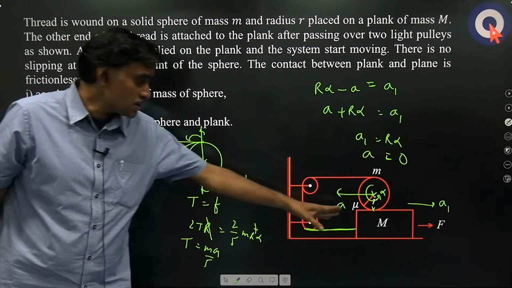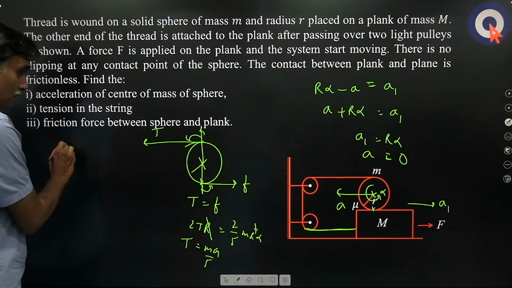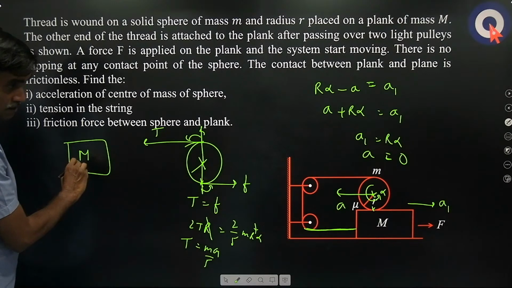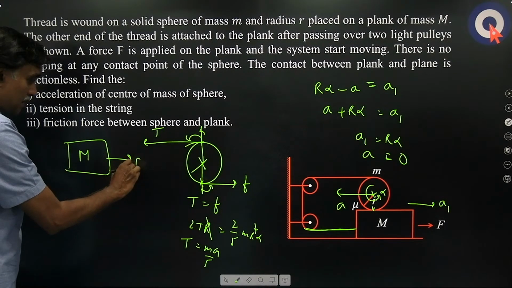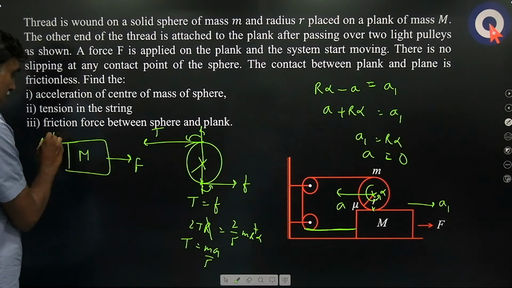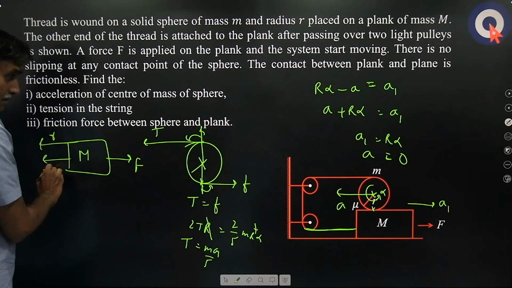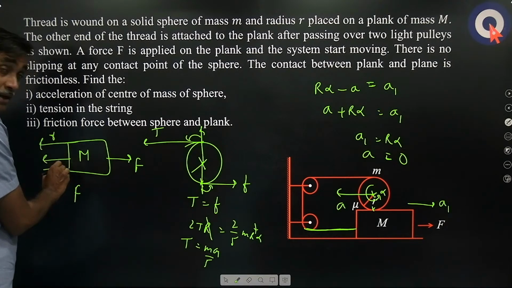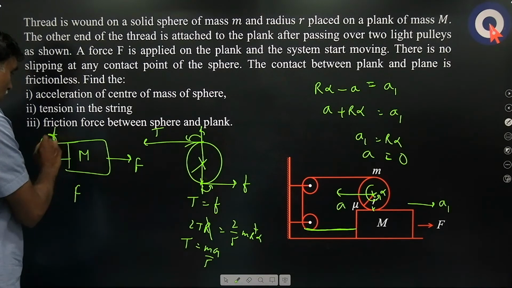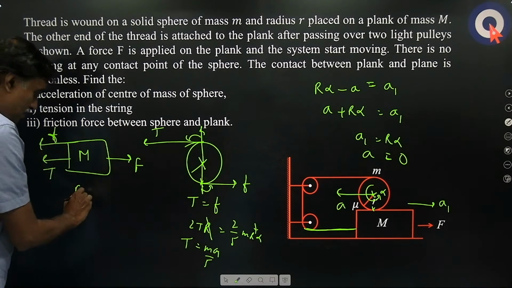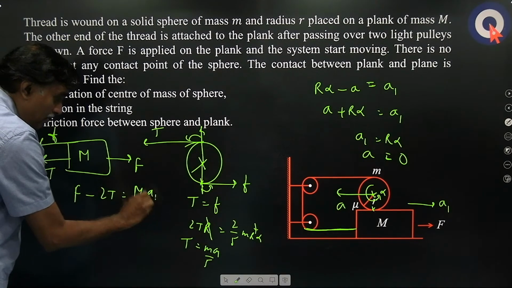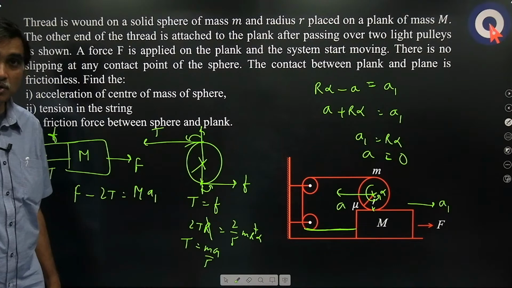Now if I write down forces on the plank, what are the forces on the plank? One force is the applied force towards right, and frictional force towards left and tension towards left. Then what is the force equation? F minus T. But what is the small f? It is capital T. So F minus 2T equal to capital M into A1.